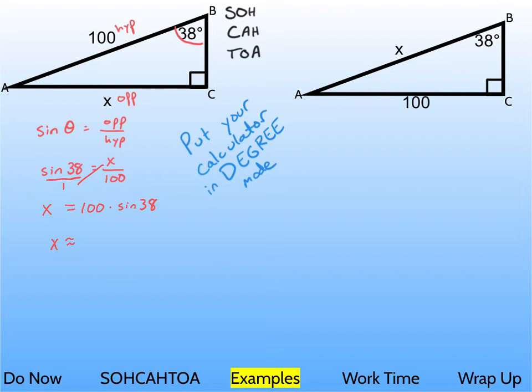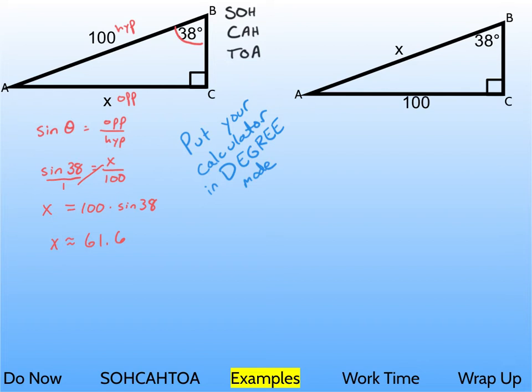So you're going to do 100 times sine of 38, and you get about 61.6. Cool. Now, one way to check this and make sure you're doing the right thing is, remember, we're looking for the opposite. Opposite has to be smaller than the hypotenuse. Hypotenuse is always the longest side. So 61 smaller than 100, real quick check. Good. Okay, great.